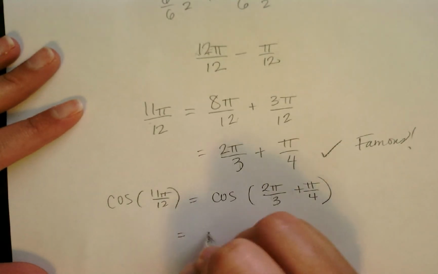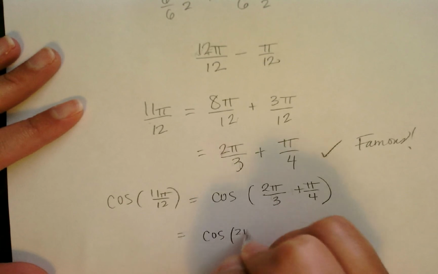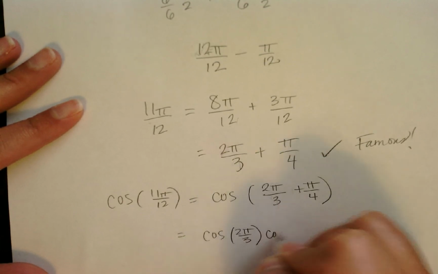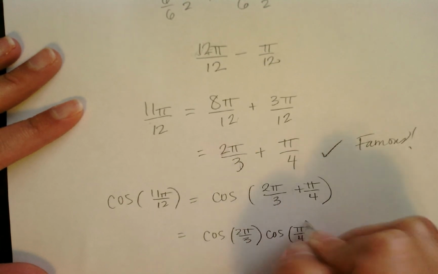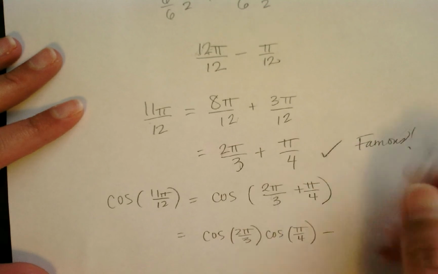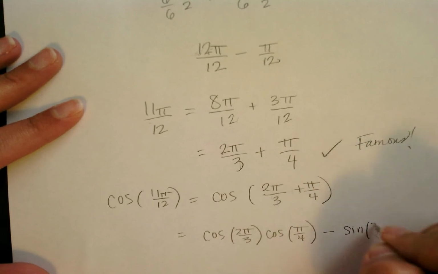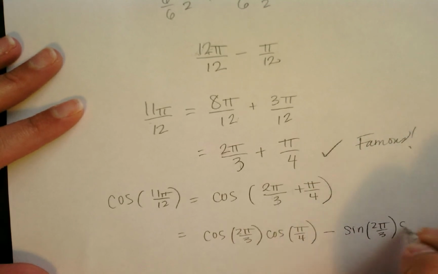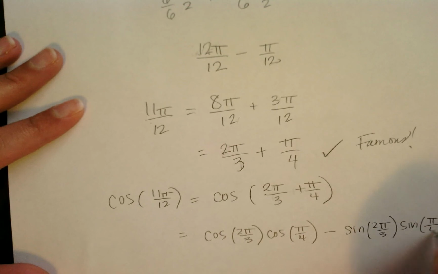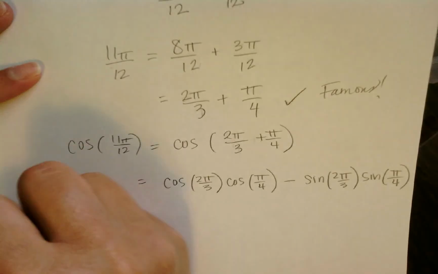So this is going to equal cosine of the first times cosine of the second minus, it switches, cosine switches, sine of the first times sine of the second. And again, where do I find this stuff since it's famous? On the unit circle.